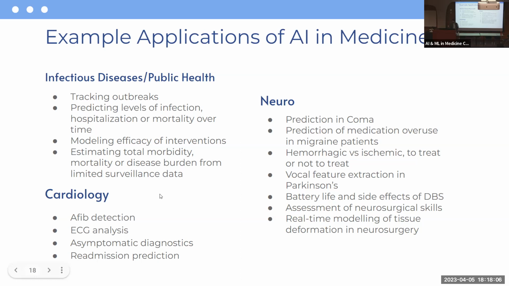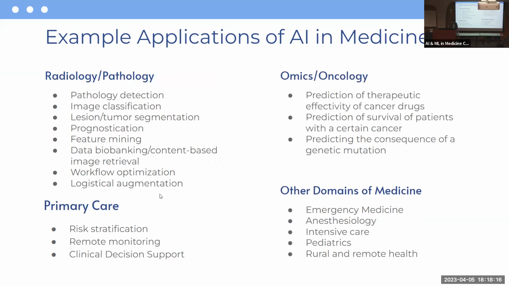Detection of atrial fibrillation, analyzing ECGs, asymptomatic diagnostics, and also prediction of any sort of readmission patients might have. And then during the same lecture, you also learned a little bit about radiology and pathology.